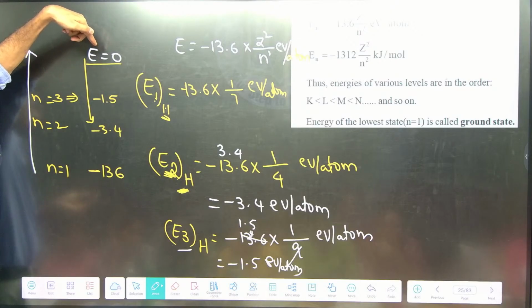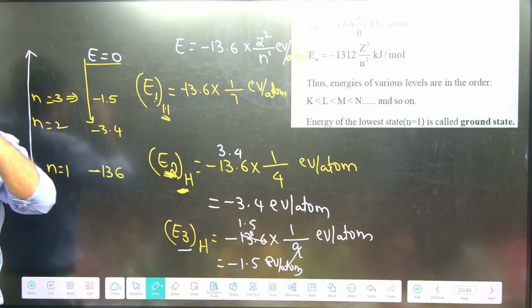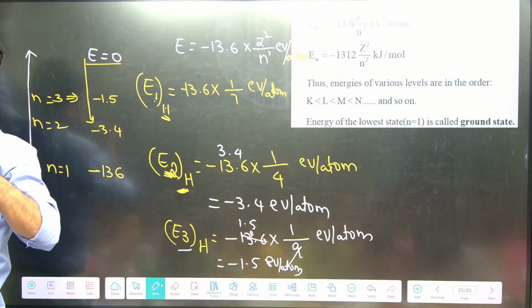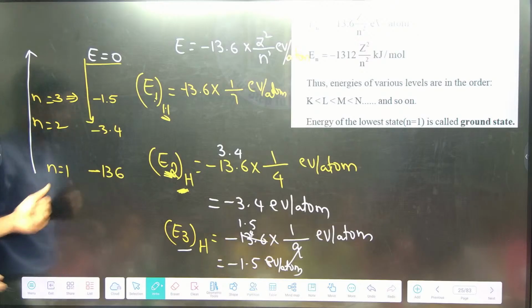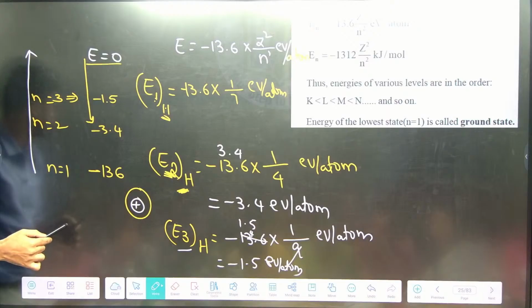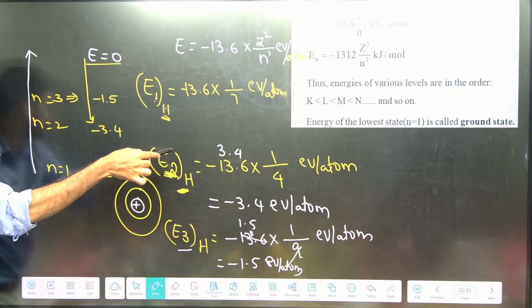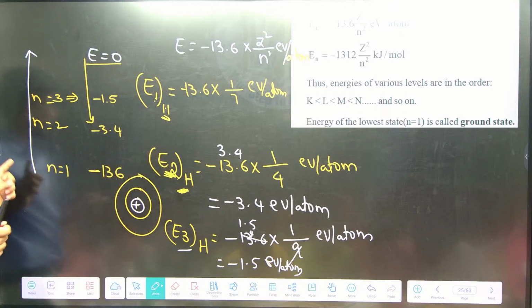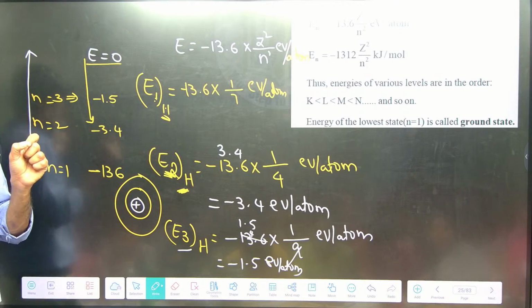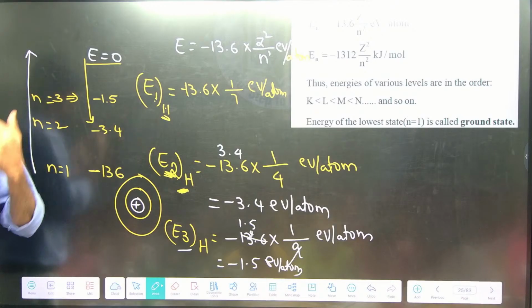Yes or no? See, as you increase the n value, the shell number, you are going away from the nucleus. If this is the nucleus, n equals 1 means this shell only. n equals 2 means this one only. n equals 3 means again a bigger one. It means as you increase the n value, radius increases. What about its energy? Energy also increases, you should say.